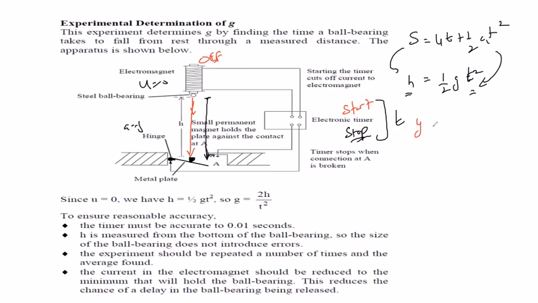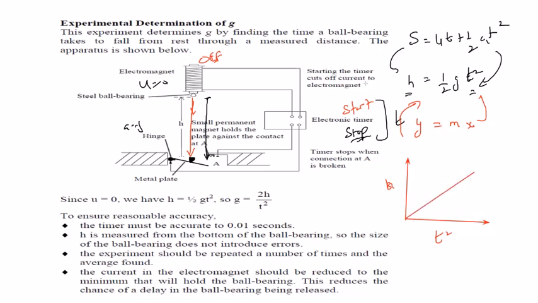We can compare with the equation of a straight line, y equals mx. So on the y-axis, if I plot height, and on the x-axis, if I plot t square, then what will be my gradient? It will be a straight line because gravity is constant and 2 is constant.